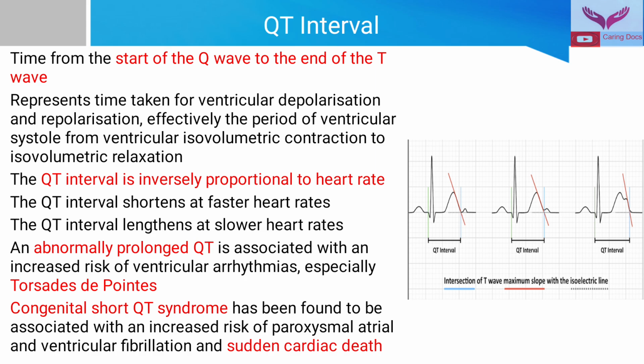QT interval is inversely proportional to the heart rate. It shortens at faster heart rates and lengthens at slower heart rates. An abnormally prolonged QT is associated with increased risk of ventricular arrhythmias, especially Torsades de Pointes.